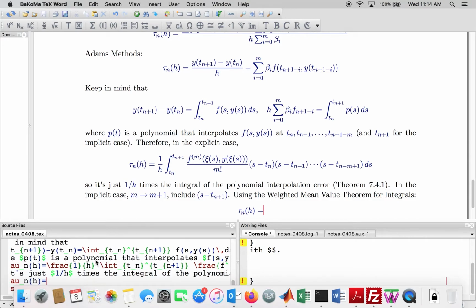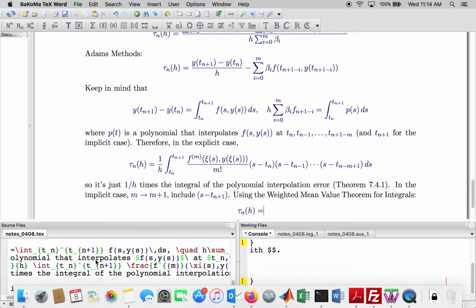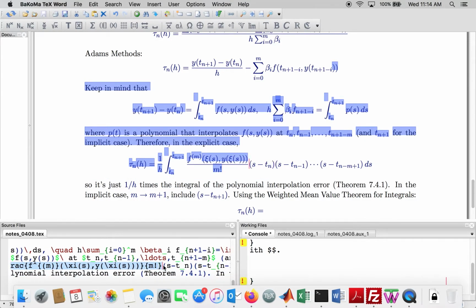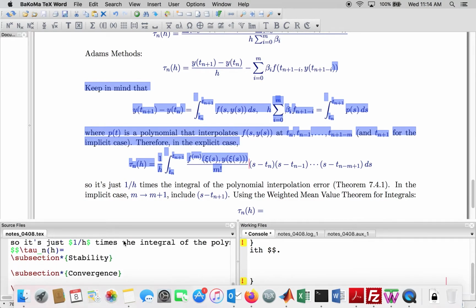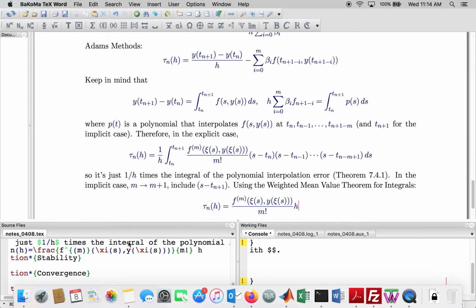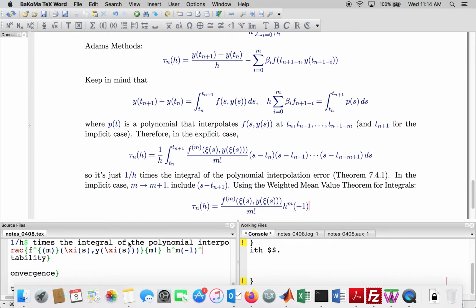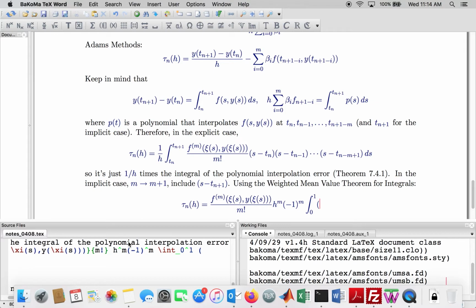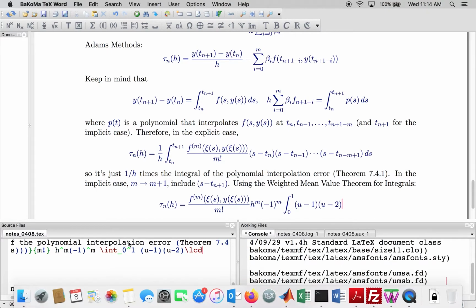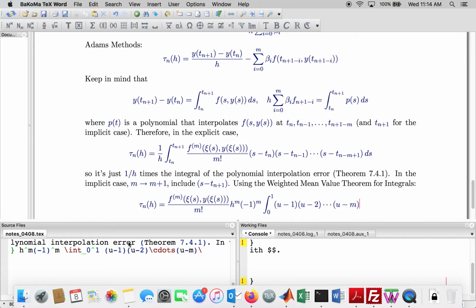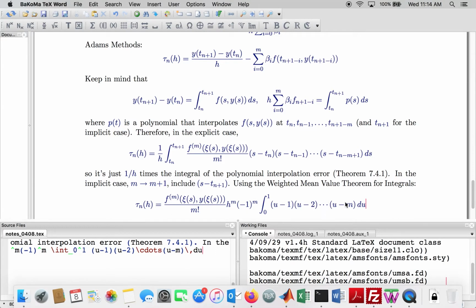So I have this same derivative expression evaluated at an unknown point, and I have h to the m, and then an integral from 0 to 1 of u minus 1, u minus 2, all the way down to u minus m, du.